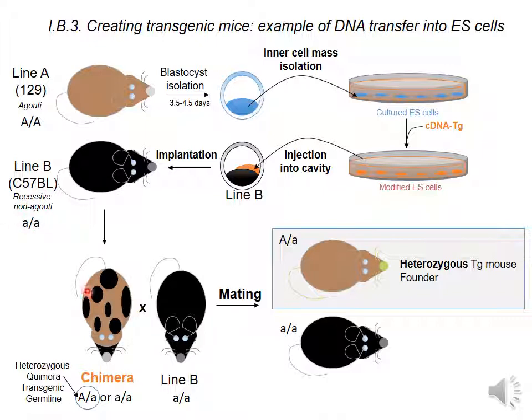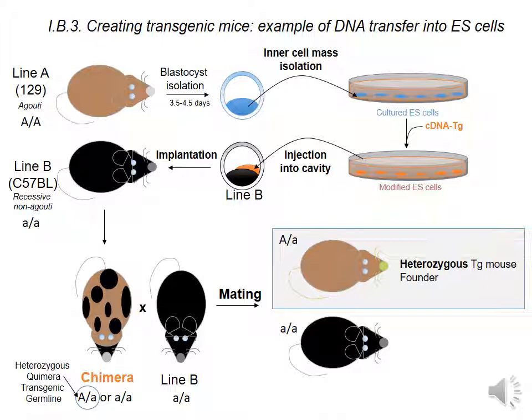The generated chimeras are crossbred with an animal sharing the background of the host embryo. And only if the transfected transgenic stem cells make the germ cells in the chimera, then the resulting animals from this crossbreeding will have the color of the donor animal, in this case agouti color.